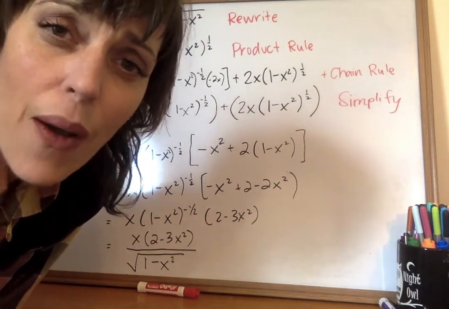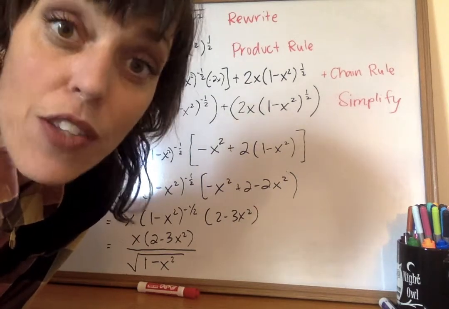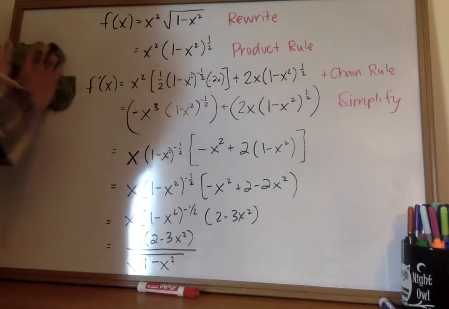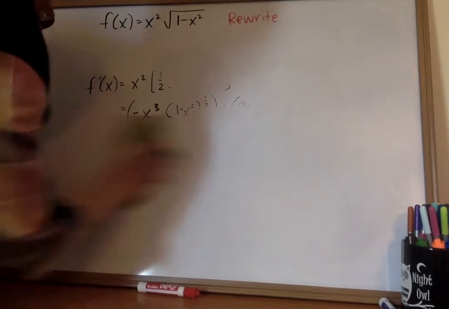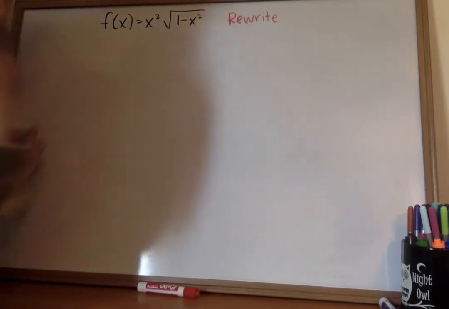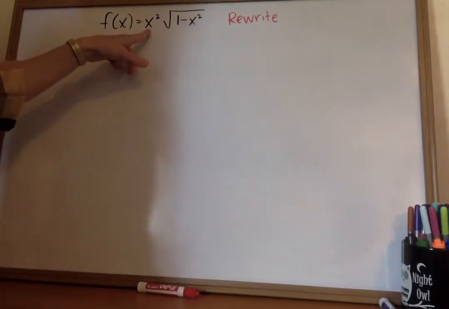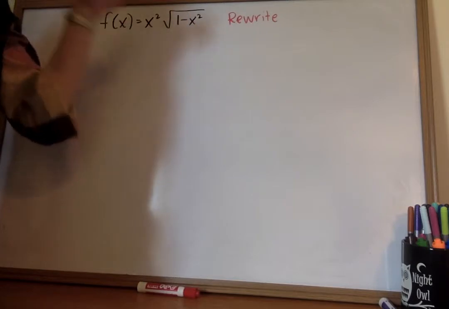I'm going to erase how I worked it out and restart it from the beginning so you can see how it's done. So here we go. The function that we're starting with is x squared times the square root of 1 minus x squared.